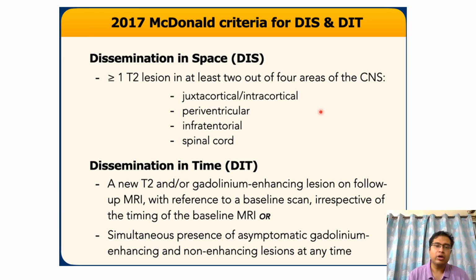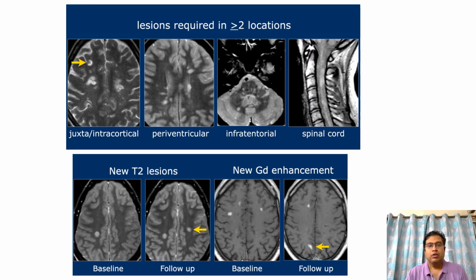So this is very important. Why? Because there is no serological diagnosis as such for multiple sclerosis. It relies very highly on clinical as well as imaging features. So this is the typical lesion of MS, which should be present in at least 2 locations: juxtacortical, intracortical, periventricular, corpus callosum, infratentorial or spinal cord.